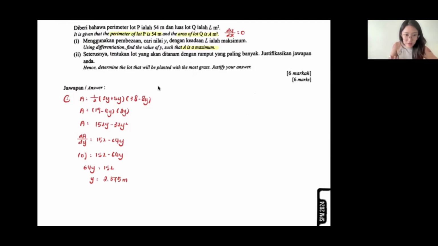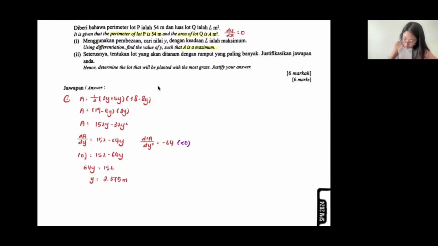But then let us prove whether it is a maximum or not. For that we need the second derivative, d squared A over dy squared. You differentiate one more time, and you get negative 64. Negative 64 is less than 0, so it is a maximum.